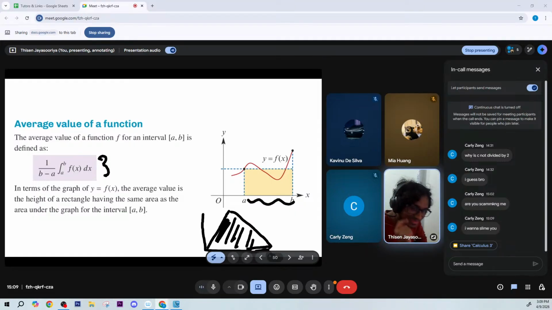Honestly, the main goal of this wasn't for you to completely master it. It's for you to be familiar with integration and familiar with differentiation. So then when you step back into it, it's not like, oh my god, there's so much new stuff.